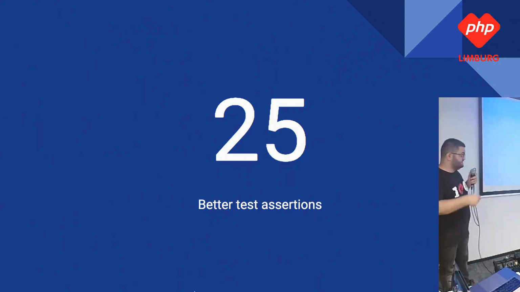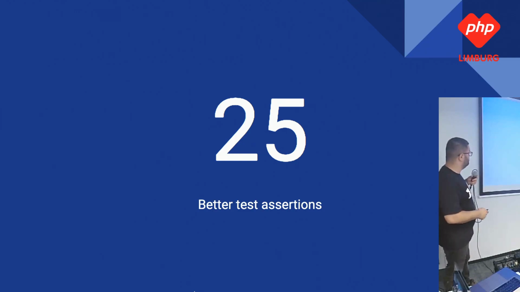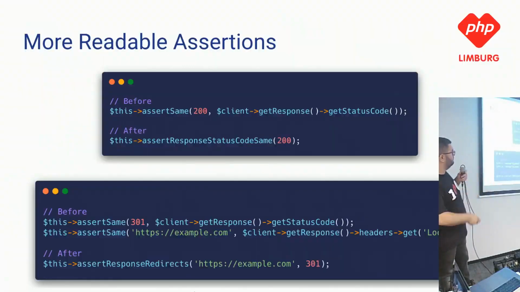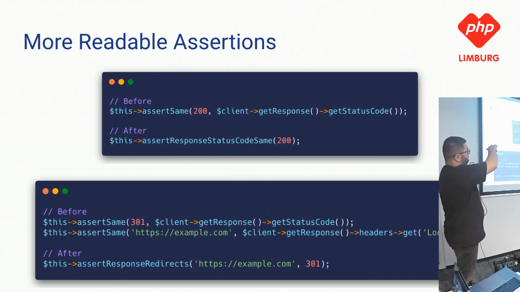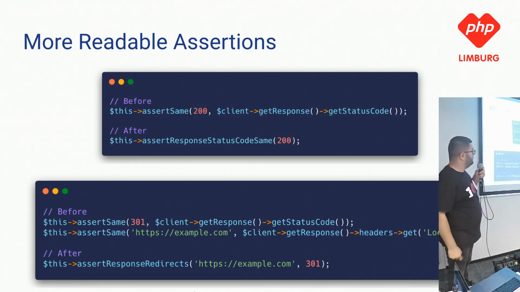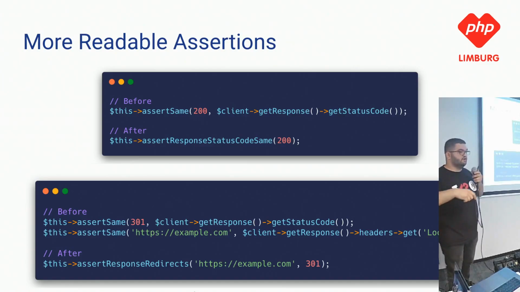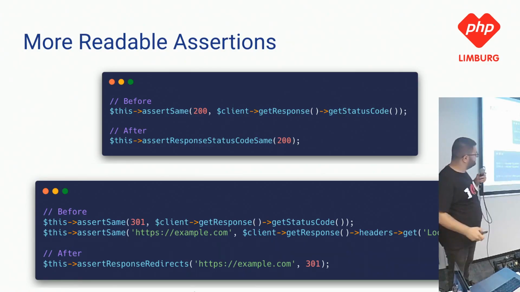There are new test assertions, or actually aliases for previous test assertions. To give an example, you could validate the status code by using the assert equals, but there are a couple of new test assertions that you can use, like assert response status code same.